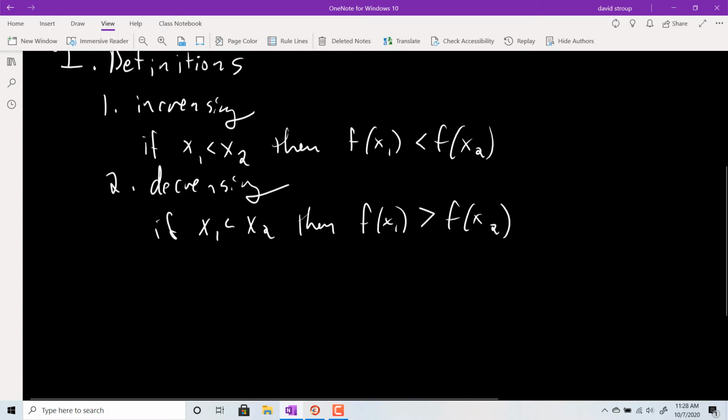So now we're going to relate the derivative to this idea of increasing and decreasing. That turns out to be Theorem 4.5.